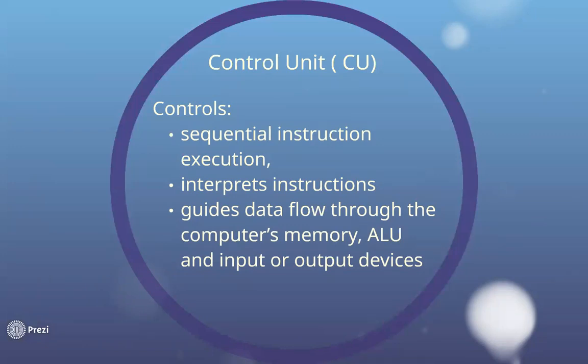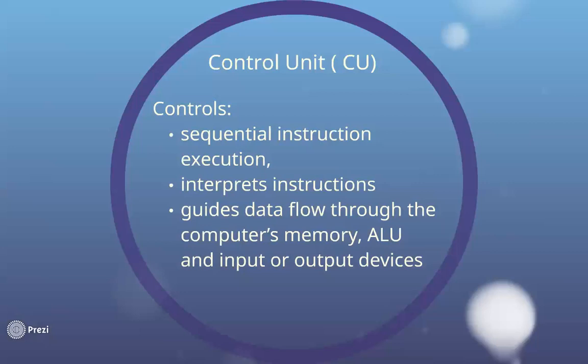It guides data flow through the computer's memory, ALU, and input or output devices. So it takes care of the flow of data from memory or from the arithmetic logic unit, or data coming from input or output devices. Basically, the control unit controls all the data flow and all the instructions to be given to other devices to perform.